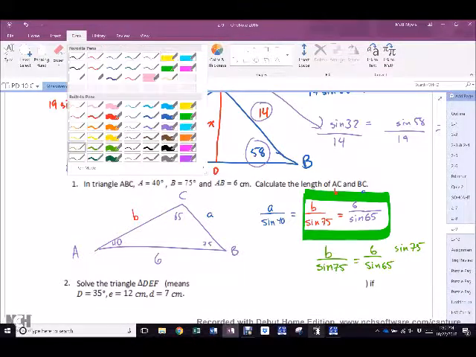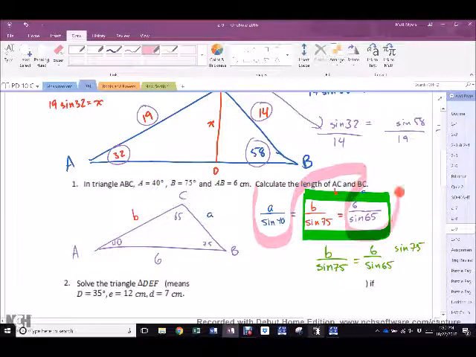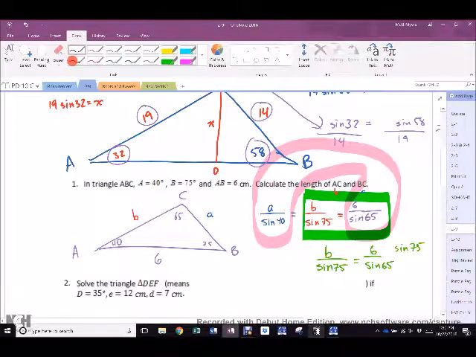How will I then do this side? What will the pink side be? It's going to be a over sine 40 equals what? And how will I solve that?